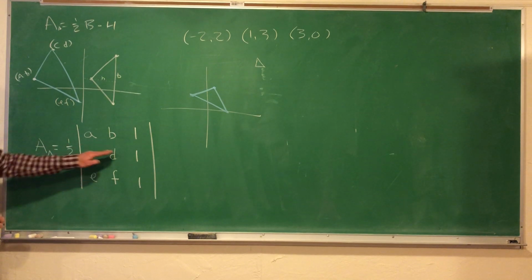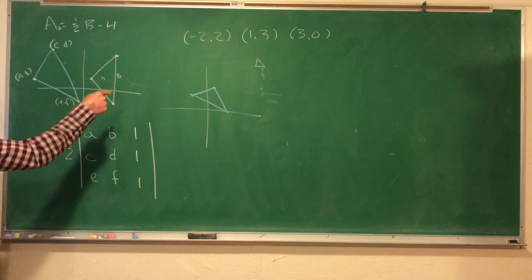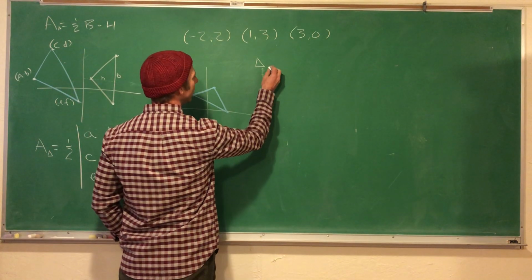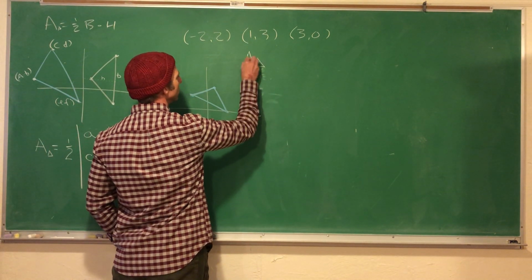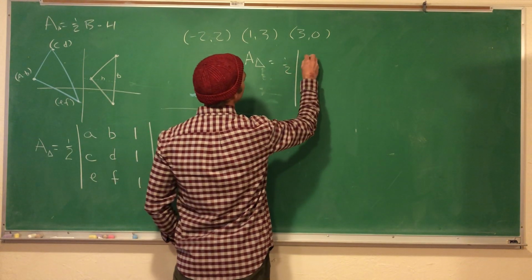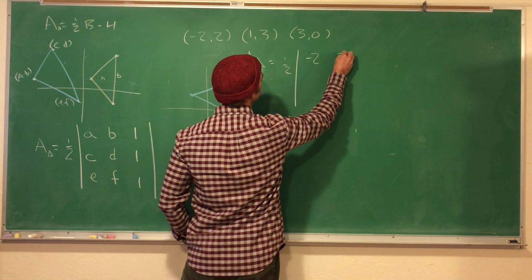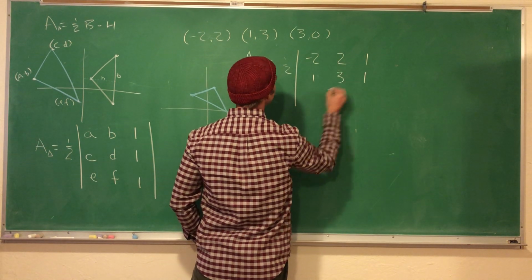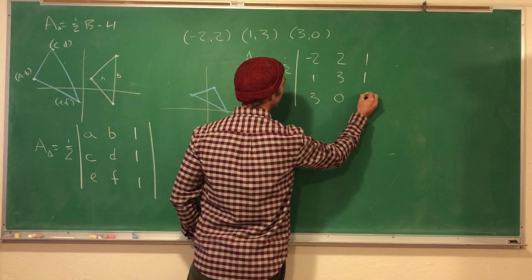So A, B, C, D, E, F. Okay, let's take a look at this one. I'll put the numbers in. So my area of the triangle is 1/2, with rows -2, 2, 1; 1, 3, 1; 3, 0, 1.